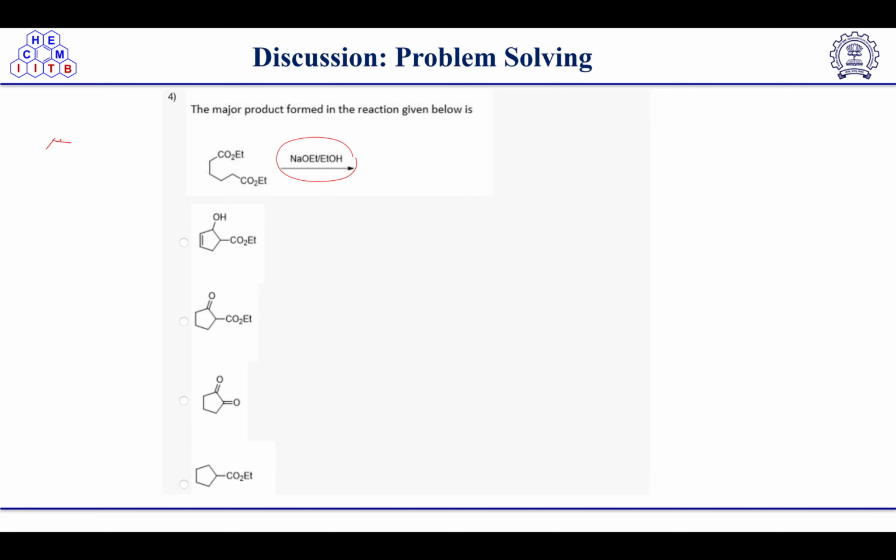So that is the intermolecular reaction. Claisen condensation reaction is an intermolecular reaction, right? We have discussed, right? So this is the intermolecular reaction. But what if both the ester groups are present in the same molecule?